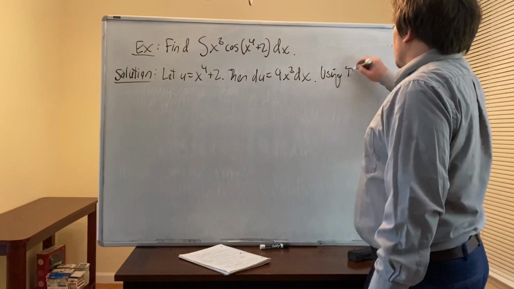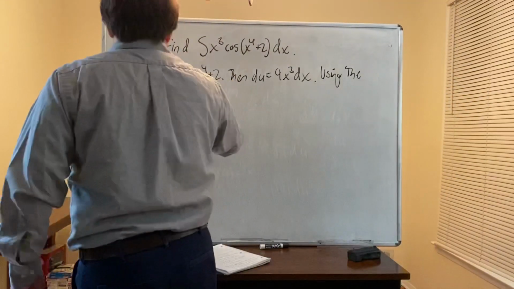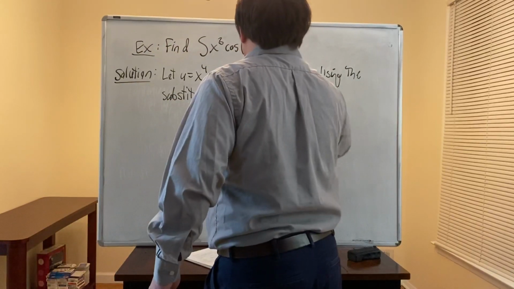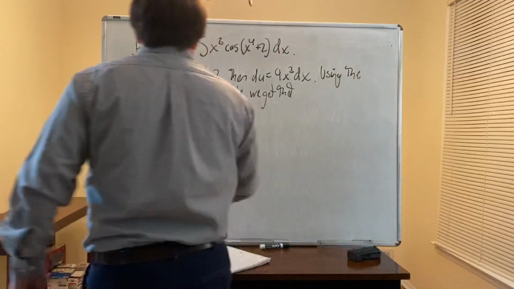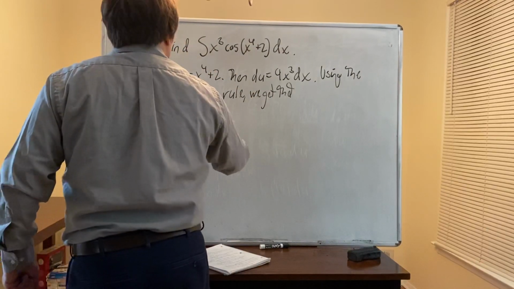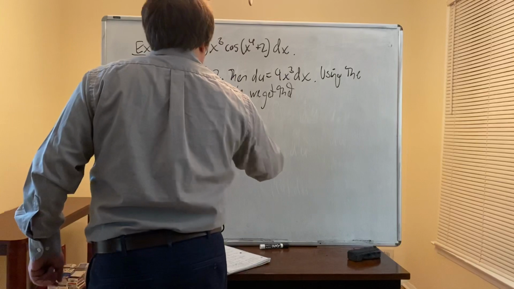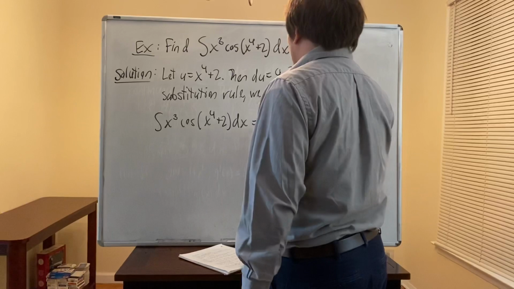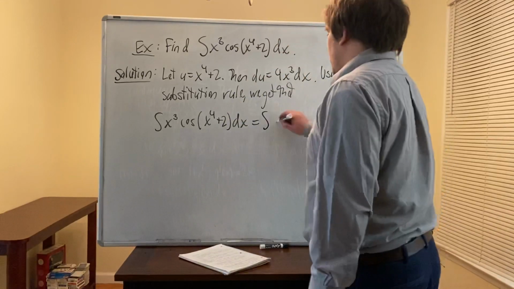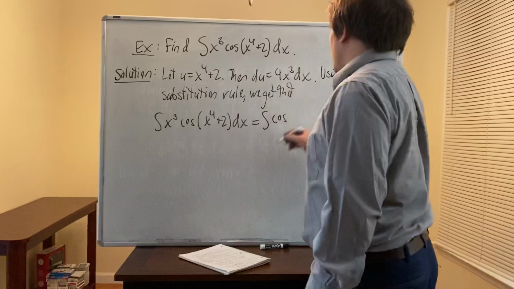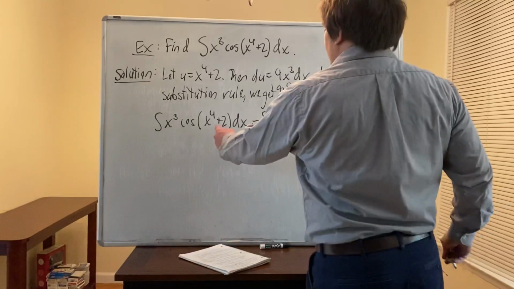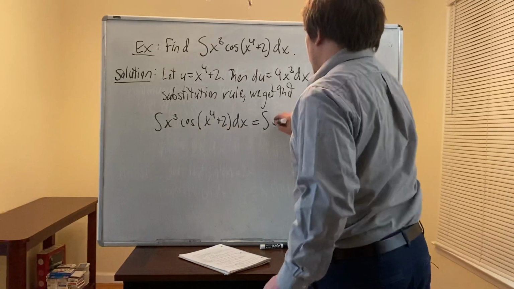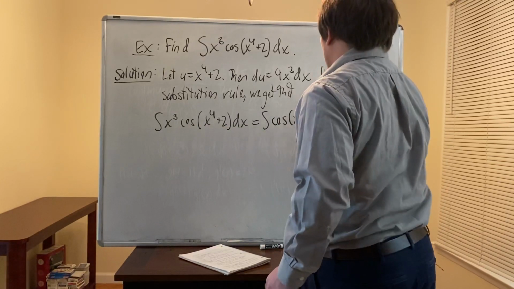Using the substitution rule, we get that the integral of x cubed cosine of x to the fourth plus 2 dx is equal to the integral of cosine of, well, u is what's inside, so cosine of x to the fourth plus 2.